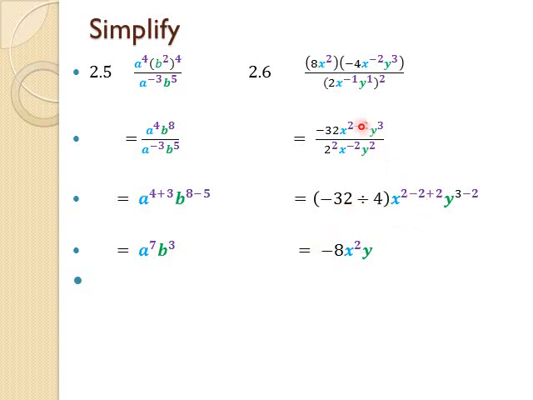Y, 3 minus 2. Second law of exponents. So negative 32 divided by 4 would give me negative 8. 2 minus 2 then the top is 0. But 0 minus negative 2 gives me x to the power 2. And 3 minus 2 then becomes y to the power 1.